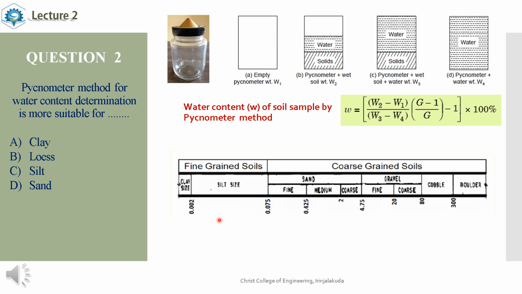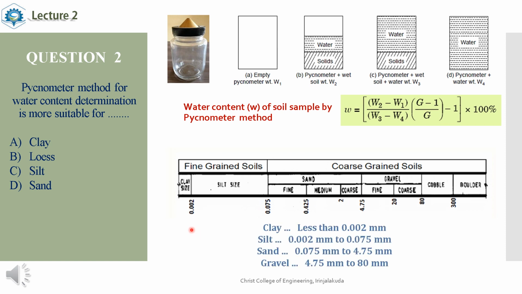Under fine grained come clay and silt, and the size varies like this. Clay particles are less than 0.002 mm, like that it goes. And sand, gravel, cobble and boulder come under coarse grained soils. So this method is suitable for coarse grained soils.